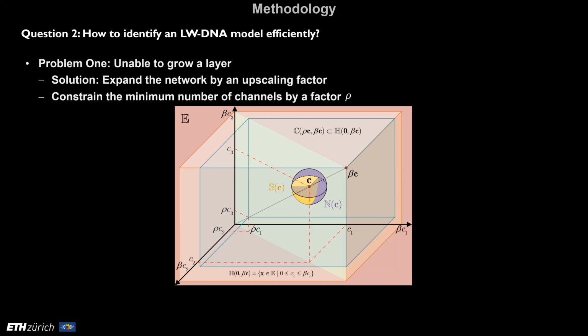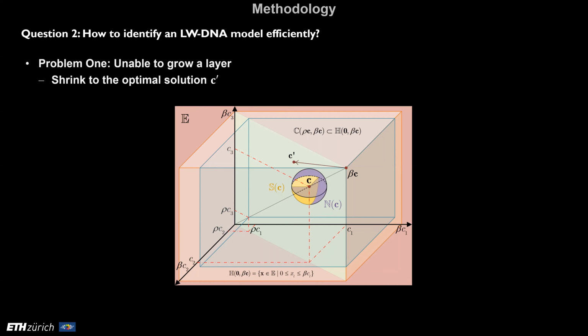So this avoids over-shrinkage of a specific layer of the network. And after all of the multiplication, we can start from the expanded vector delta C, and with a single-shot shrinkage method, we can derive the optimized architecture C prime.